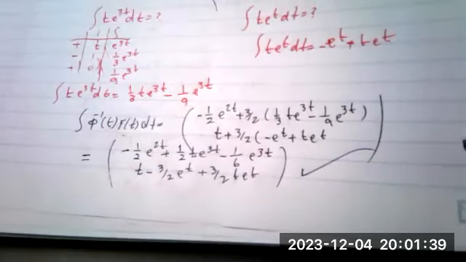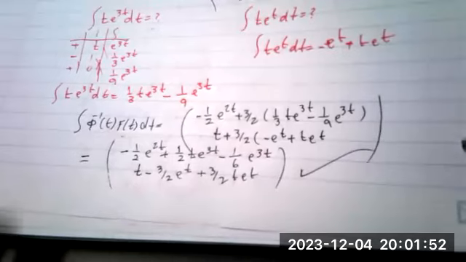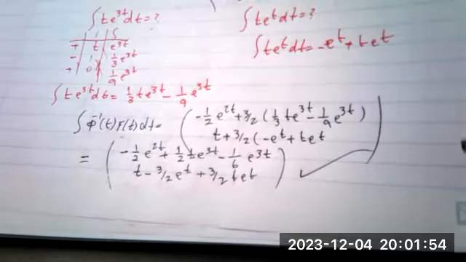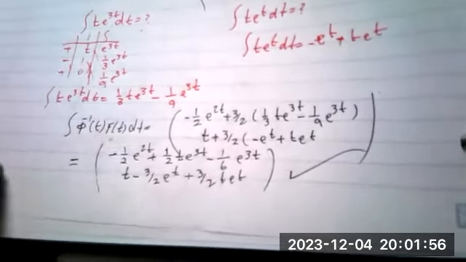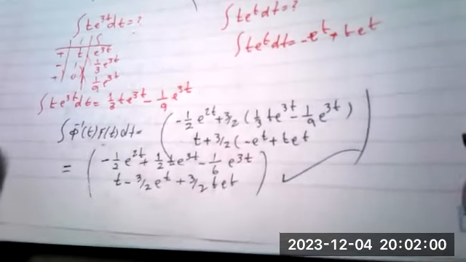Okay, so let's see, I tried it myself, just to make sure I get it right. I multiply by phi of t. So what is phi of t? Okay, so there you are.